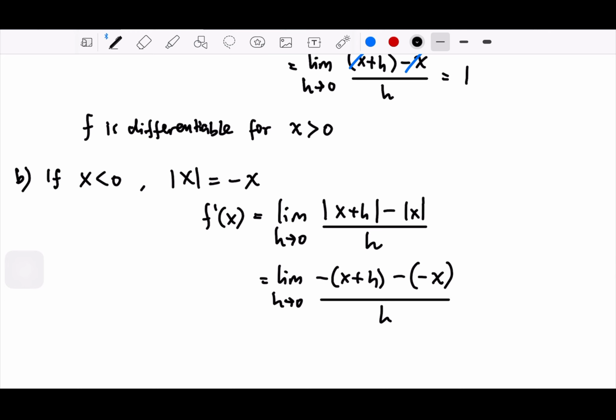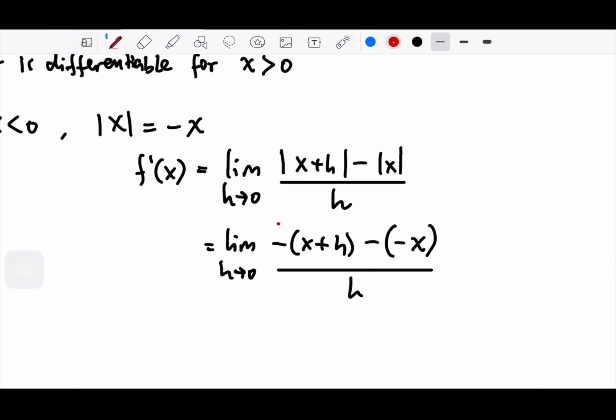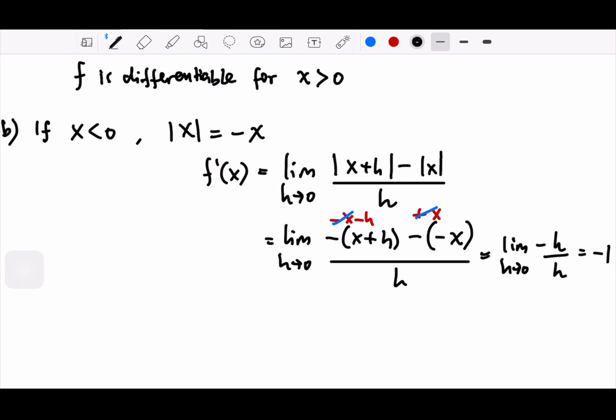Now we can see clearly, this is negative x, negative h, and this is plus x. So we can cancel x, and we are left with negative h, and negative h divided by h is negative 1. Because we have the value, we can also say f is differentiable for x less than 0.